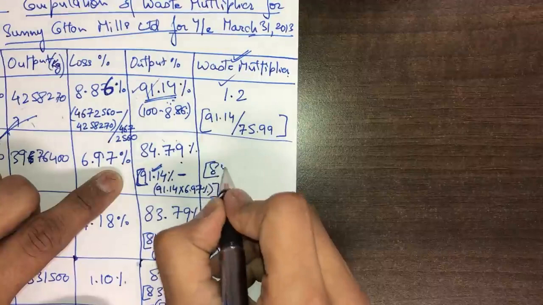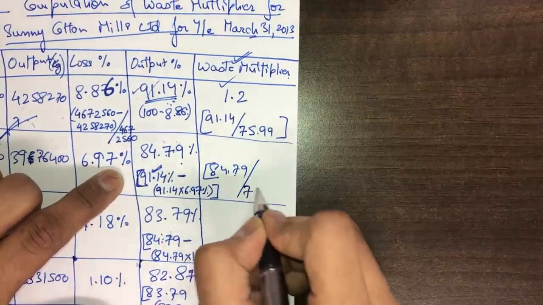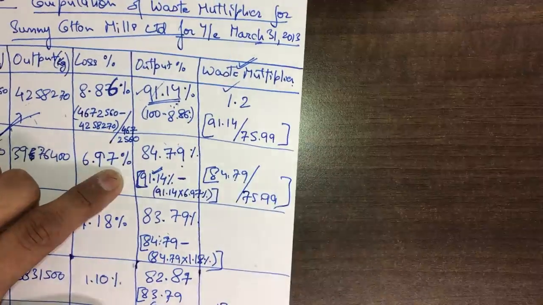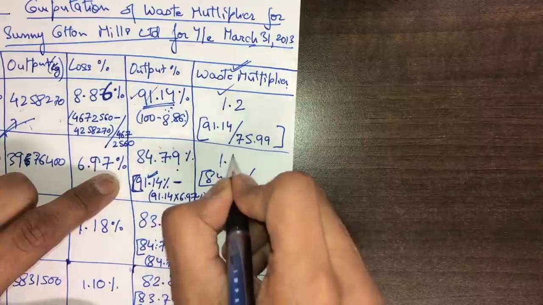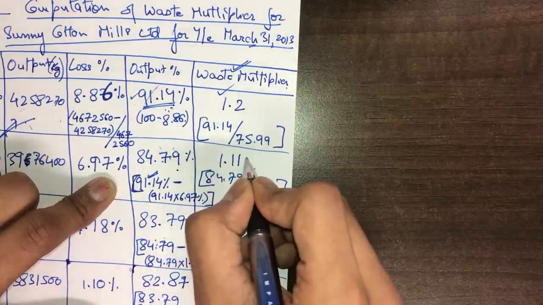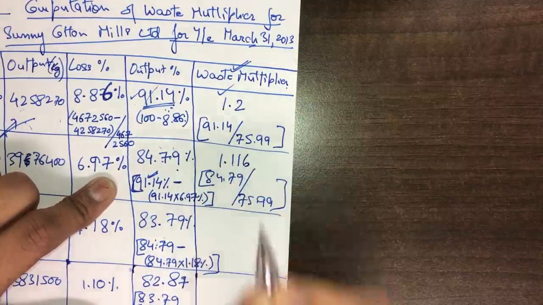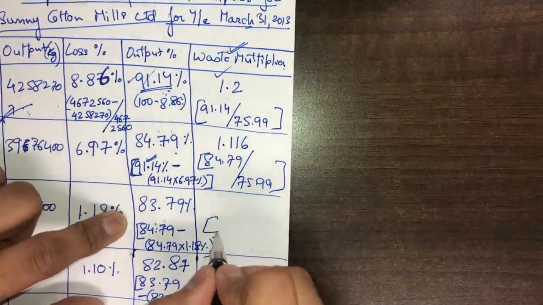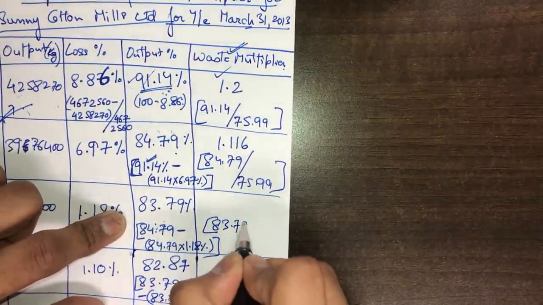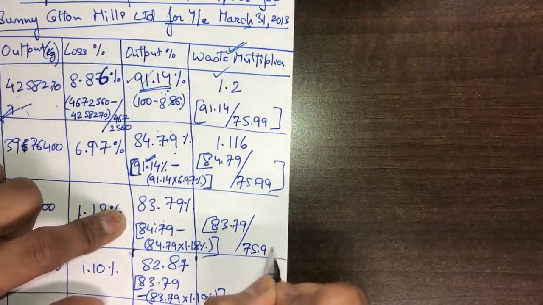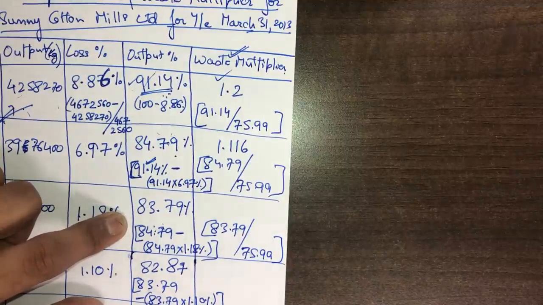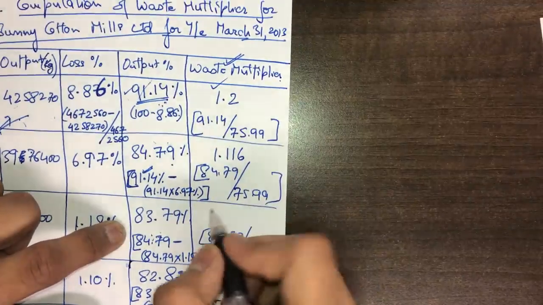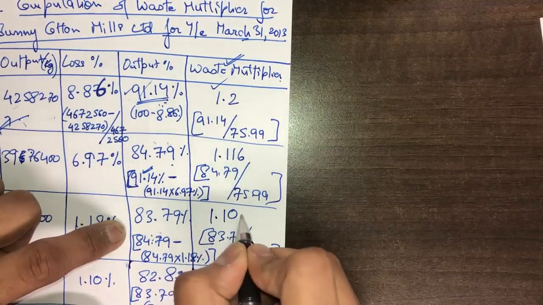Second process, 84.79 divided by 75.99, which is 1.116. Third process, 83.79 divided by 75.99, which is 1.103.